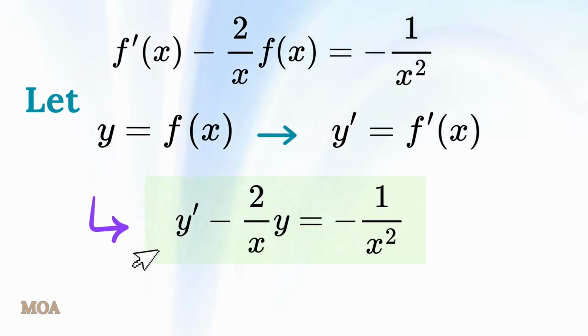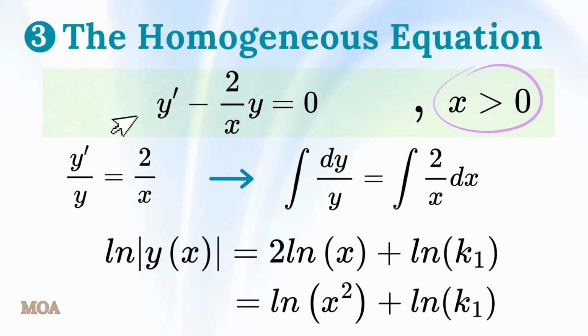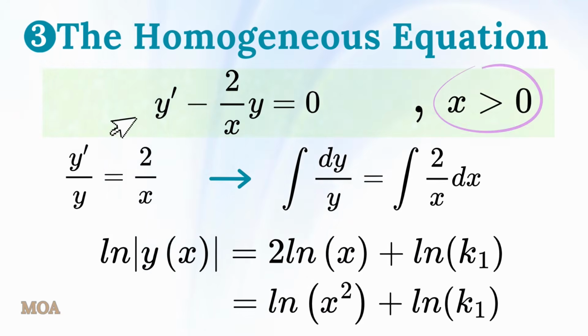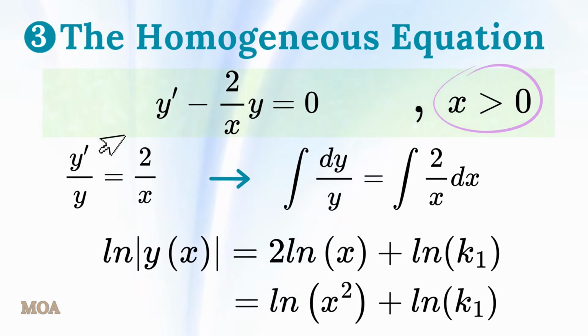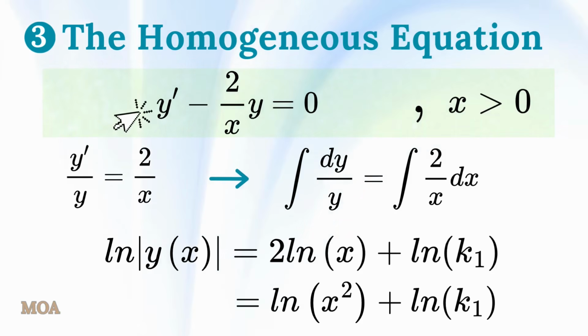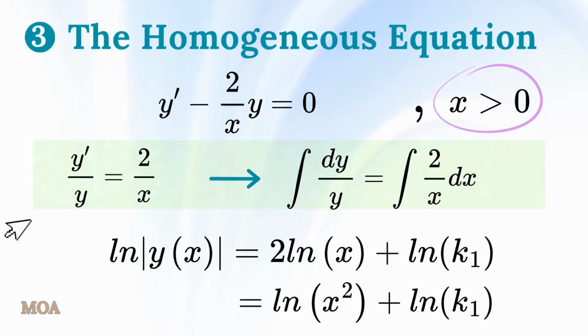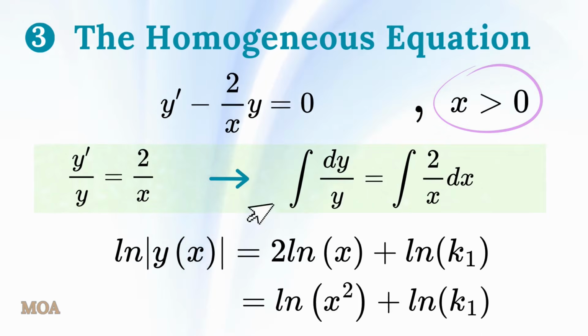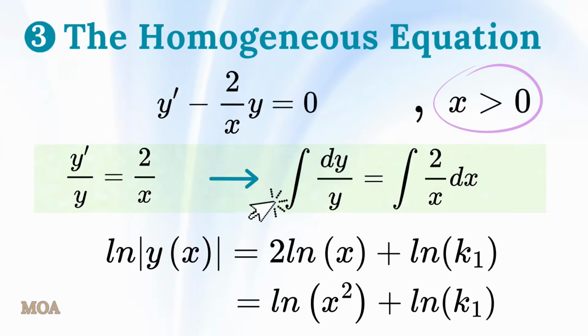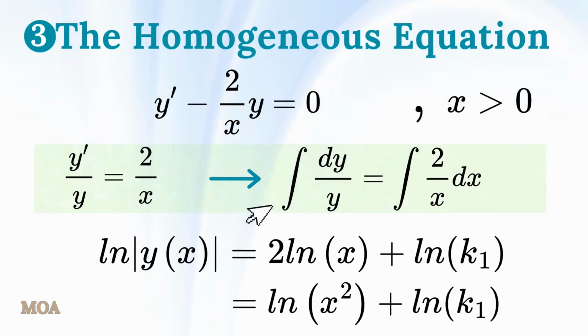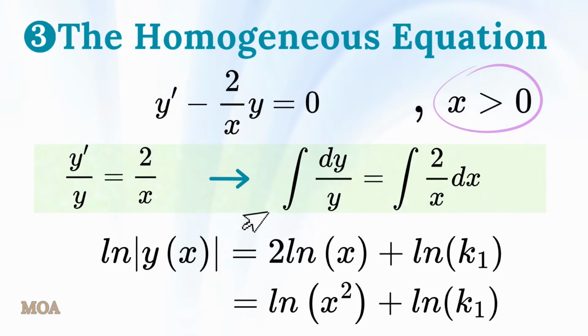To solve this first-order differential equation, let us first solve the homogeneous equation y prime minus 2 over x times y equals 0, with x greater than 0. After separating variables, we integrate. Namely, the integral of dy over y equals the integral of 2 over x dx.